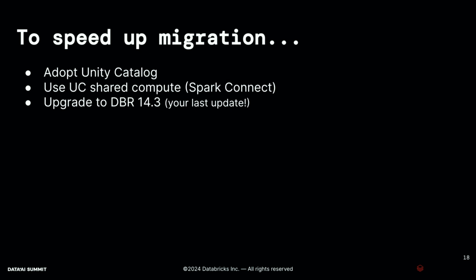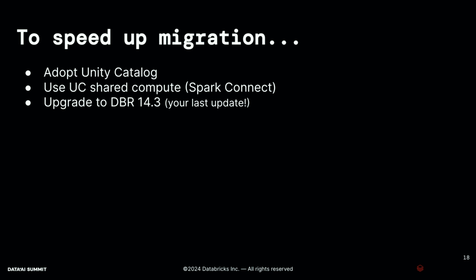If maybe these things aren't true, or you need some of the features we're going to talk about soon, what I suggest is that you get on Unity Catalog. This is not a presentation about UC. I'm sure there are lots of other great presentations about how to get on UC. But that's going to make your adoption of serverless way simpler. Start using UC Shared Compute, which uses Spark Connect under the hood. Spark Connect is also the technology we use in serverless.